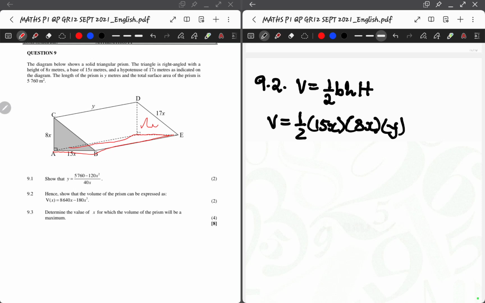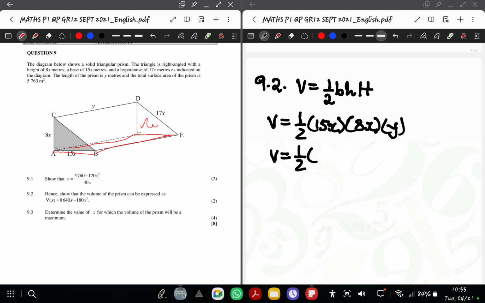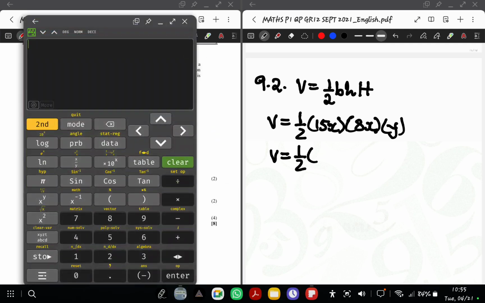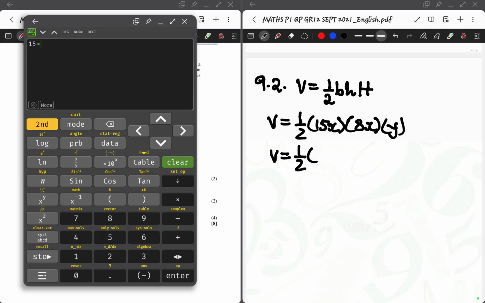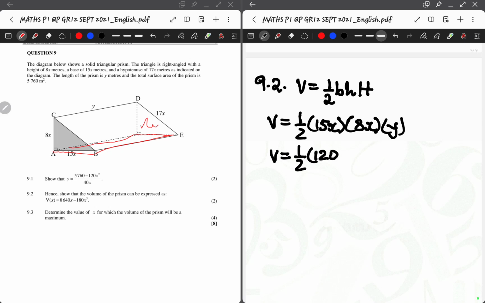So V equals half, base 15 times 8, that's 120. So 120 x squared multiplied by y.